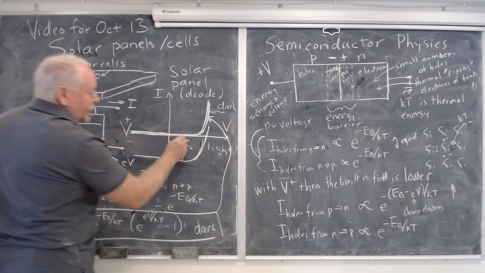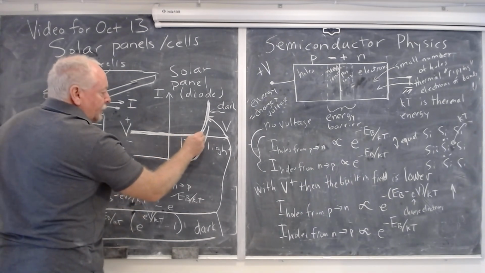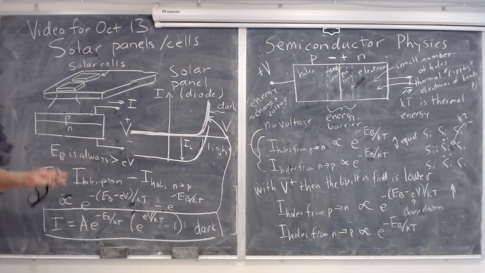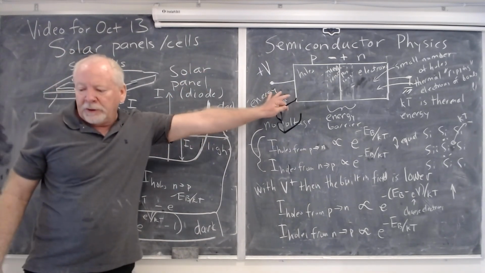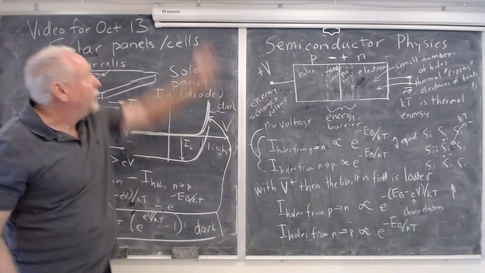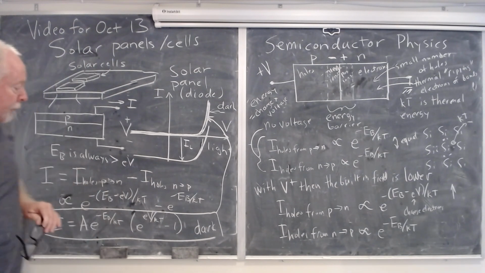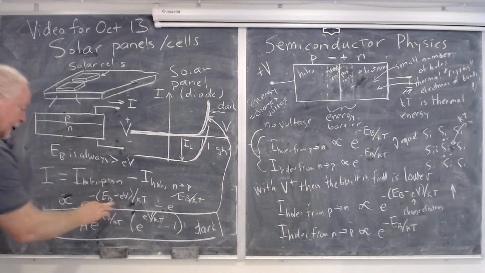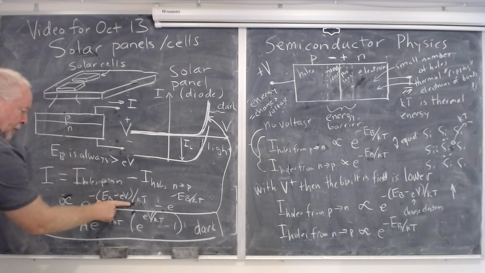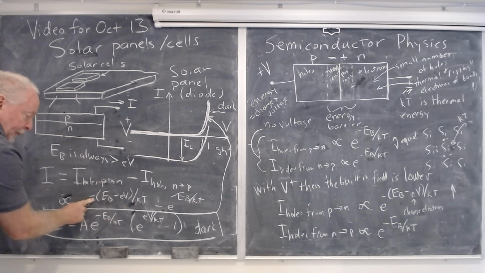Now, why is that? Because I'm increasing V, and I start getting current. If I ever reach the point where I eliminate the barrier completely with my applied voltage, the device would blow up. Your current would be way up there above the roof. So this EB minus EV is always positive. So this term in the exponent is always negative.